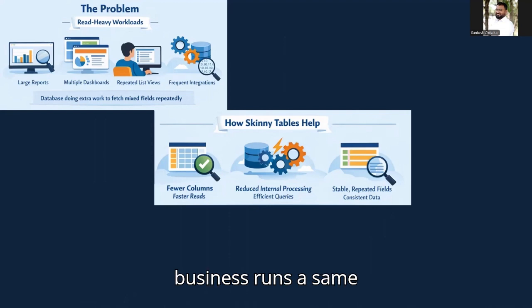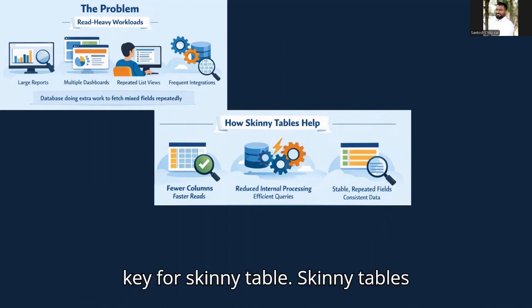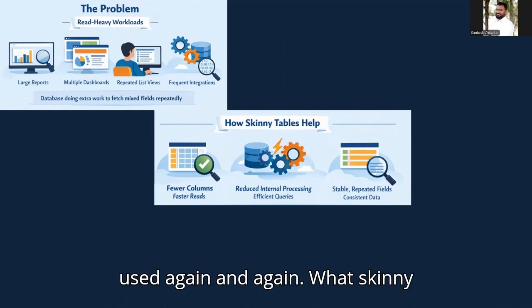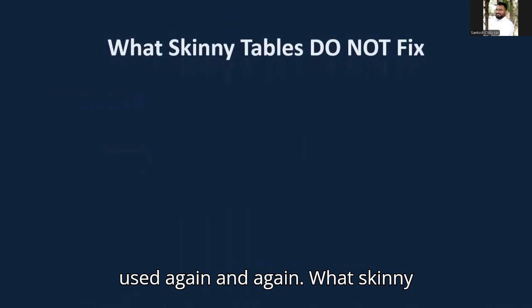If your business runs the same report pattern repeatedly, the optimizer benefits from a lean structure and it helps a lot. It helps for stable, repeated field sets. This is key for skinny table. Skinny table shines when the same fields are used again and again.